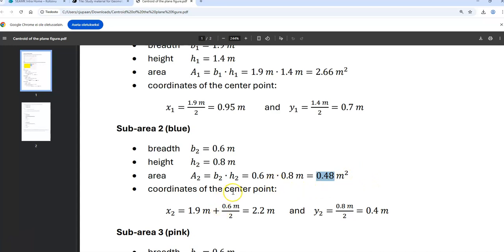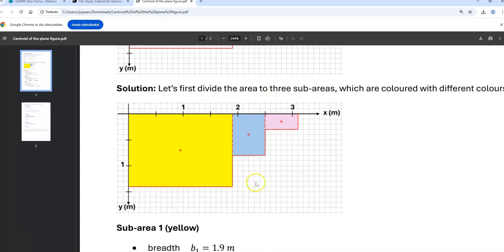And now the coordinates of the center point here is a point of mistake many times, because now we have to be careful. The x-coordinate of this figure means the distance from this vertical axis. So it is not this length here.